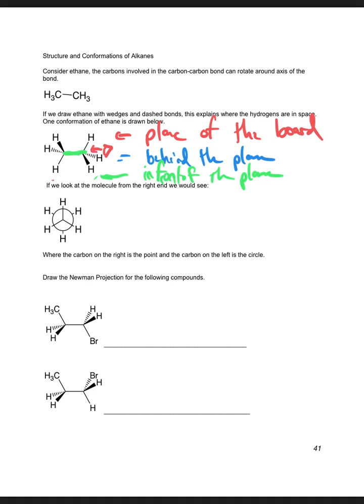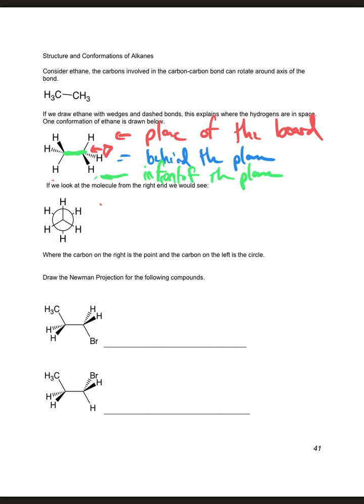Okay, so if we think about grabbing that with our hand around that green bond and rotating it 90 degrees so we can look down the bond, we would see the molecule as it is drawn there on the next part.